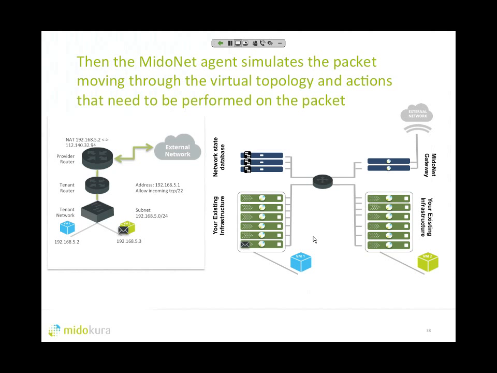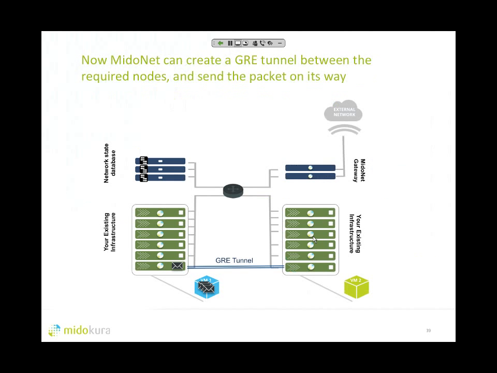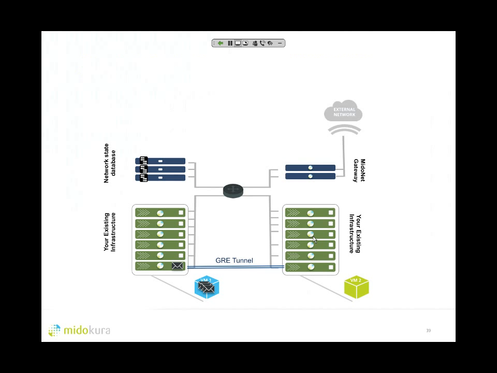And finally, simulating it going to the destination VM. Once that packet simulation is done, MidoNet can create a GRE or a VXLAN tunnel to the destination compute host, where the destination agent will deliver it to the destination VM.